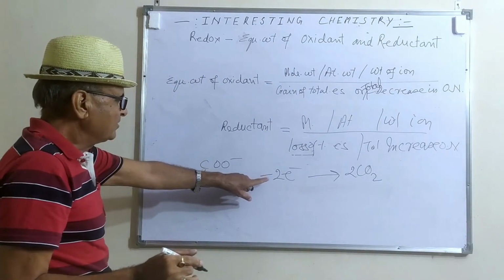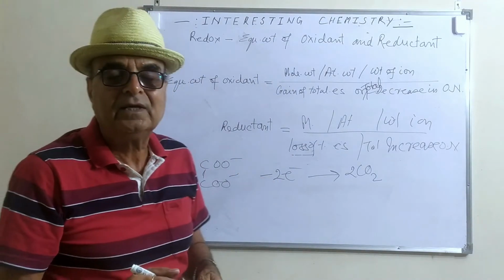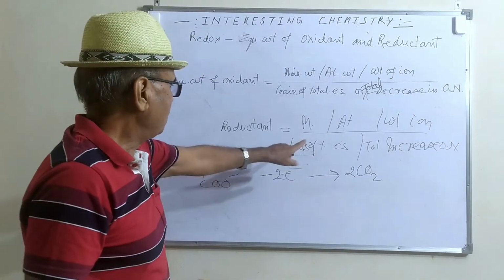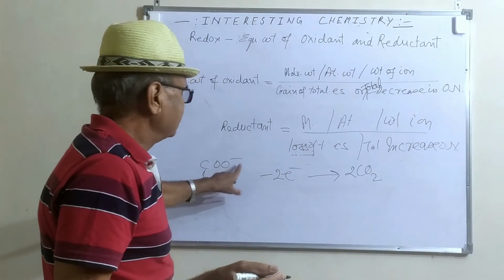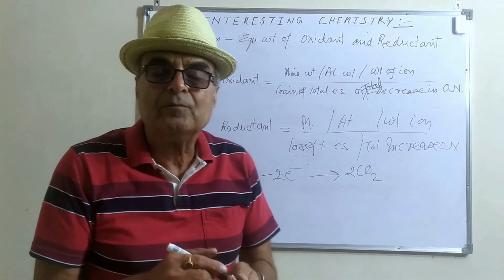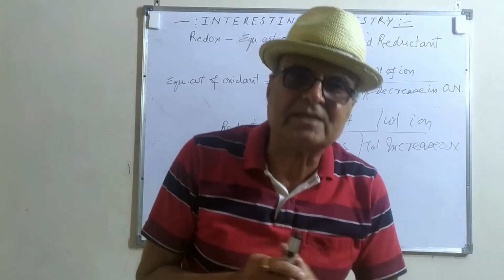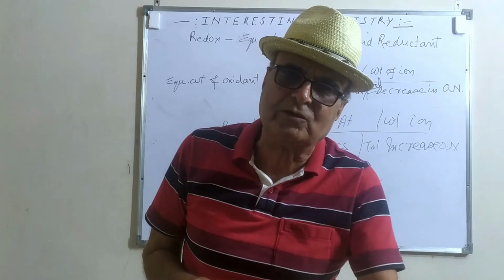So here is the loss of 2 electrons. Therefore the molecular weight of oxalic acid will be divided by 2.